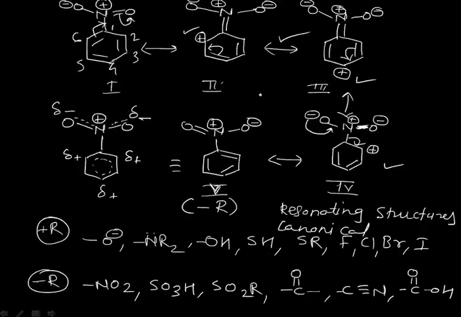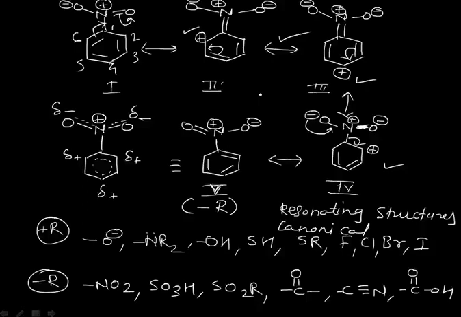In this video, we learned what the meaning of structural effects is, and how the structure of a molecule is responsible for the reactivity of that particular molecule. Then we came to the first structural effect, that is the inductive effect, that is induction of polarization in the molecule. We discussed two types of inductive effects, electron donating and electron withdrawing. Then we went to the resonance effect.